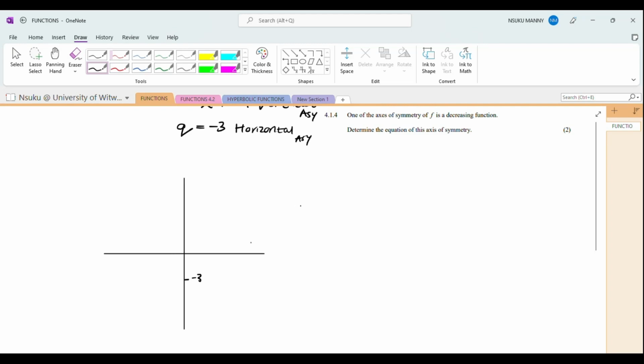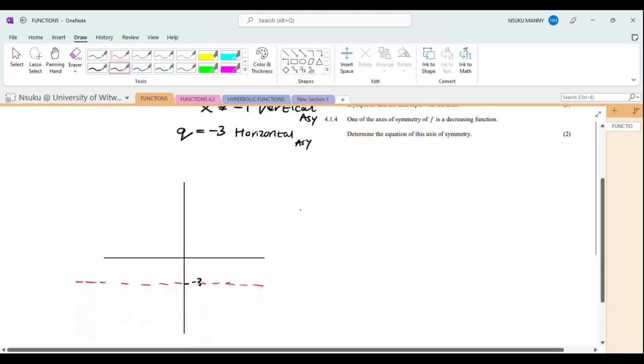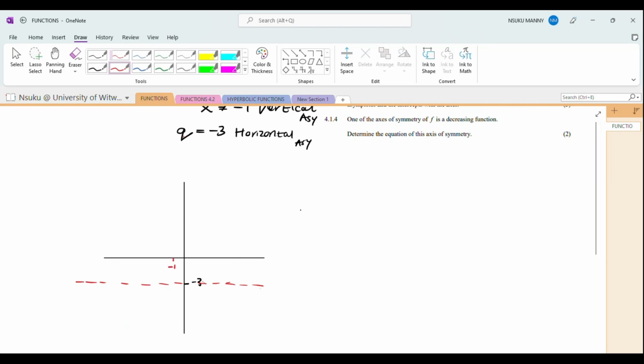This is going to be our horizontal asymptote. Let me use a different color for asymptotes. It's going to be a dotted straight line. I know the lines that I've drawn are not really straight, but you get the point. Our vertical asymptote is -1, so -1 will be somewhere around here. We're going to draw a vertical asymptote going all the way down.